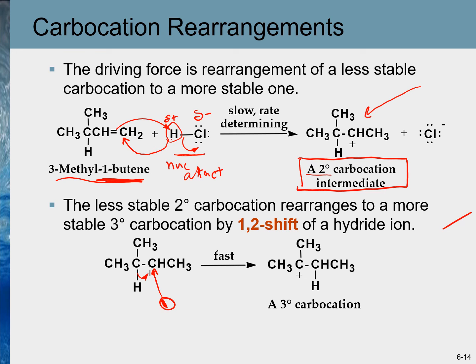If the neighboring carbon has a proton or a methyl group, either a proton or a methyl group, that proton or methyl group can be shifted to the carbon atom. Can be shifted. The emphasis is on can be. I'll explain why it will be and why it will not be in a little while. This shift is known as a 1,2 shift. We call the carbon atom which contains the positive charge 1 and the neighboring carbon will of course be 2. That's why the shift is known as a 1,2 shift.